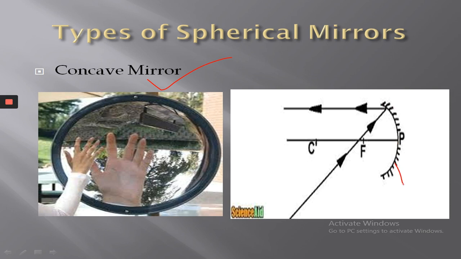If the outer side is shaded, then the diagram represents a concave mirror. This you have to remember. If the outwards side is shaded, then the mirror is known as a concave mirror.